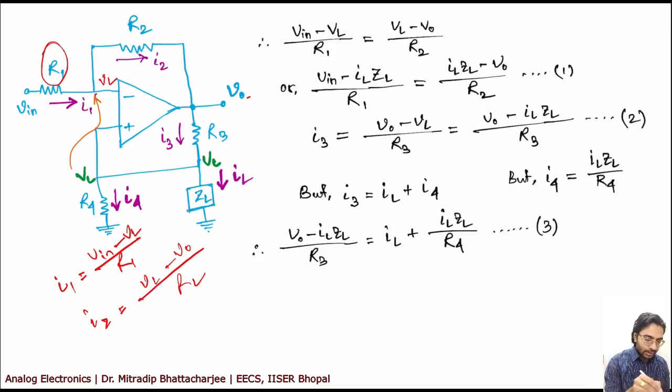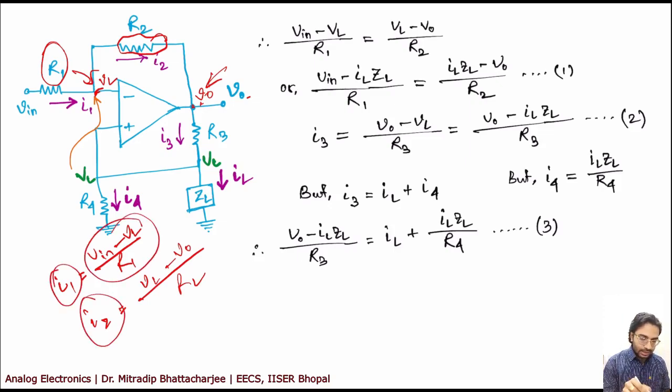This is VL, and this place is V output. So VL minus V output divided by R2 is your I2, and we know these two are equal. So Vin minus VL divided by R1 is equal to VL minus V0 divided by R2.